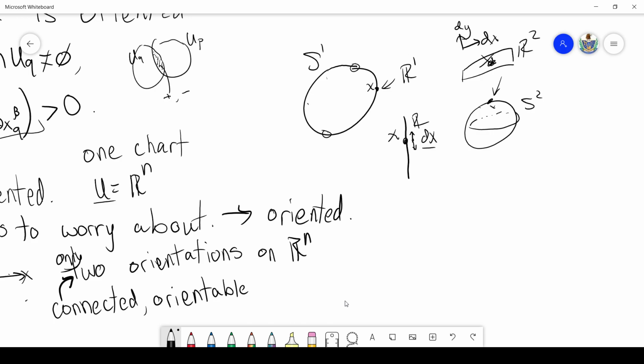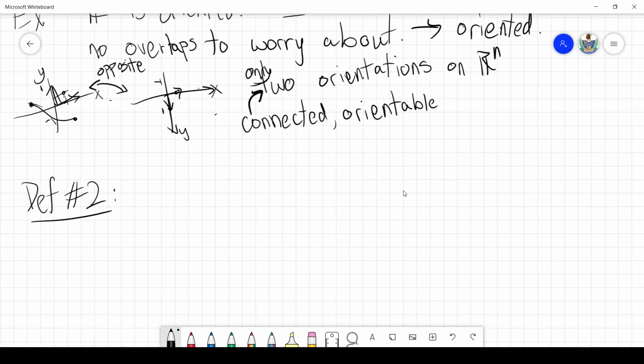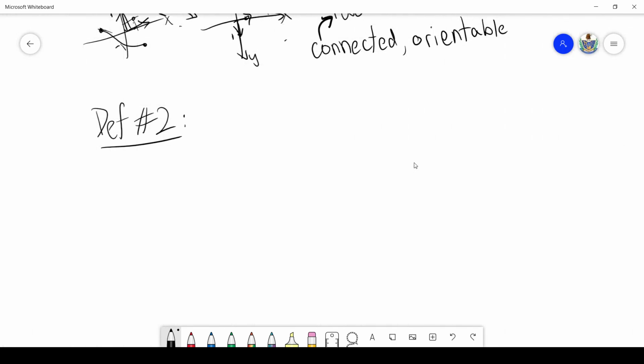So it's a two-dimensional vector space spanned by dx and dy, which are the local coordinates. And really here I should say dx1 and dx2. So these are the local coordinates for x on the manifold, because around x we can consider the manifold to just be Euclidean space. And for Euclidean space, we know what its tangent space looks like. I'll go into more detail about that in a later video, but we need that information for now.